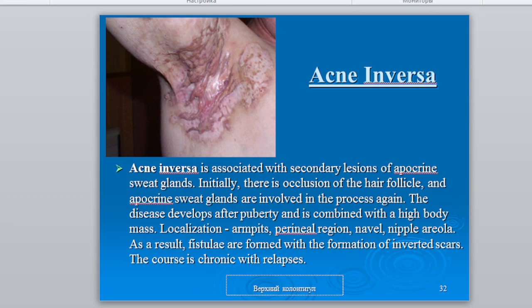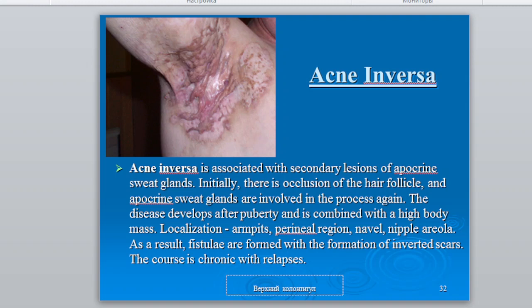Next, acne inversa. Acne inversa is associated with secondary lesions of apocrine sweat glands. Initially, there is occlusion of the hair follicle, and apocrine sweat glands are involved in the process again.